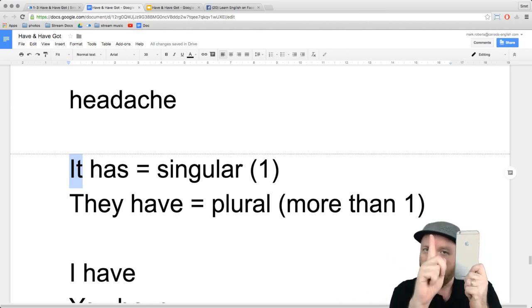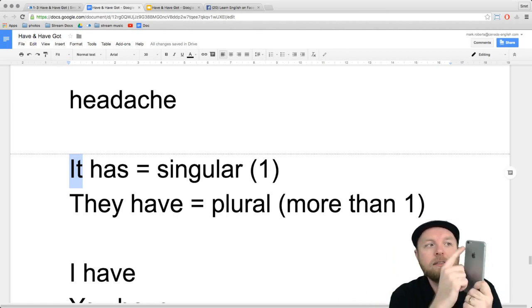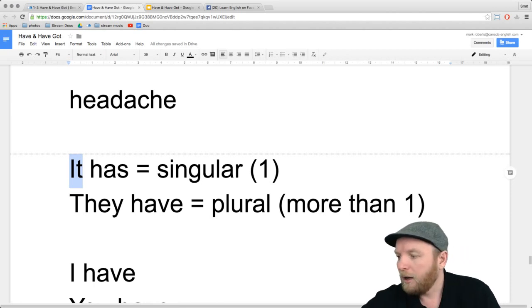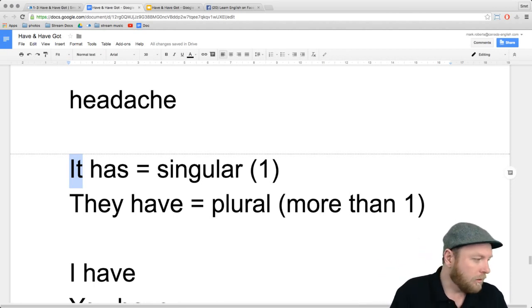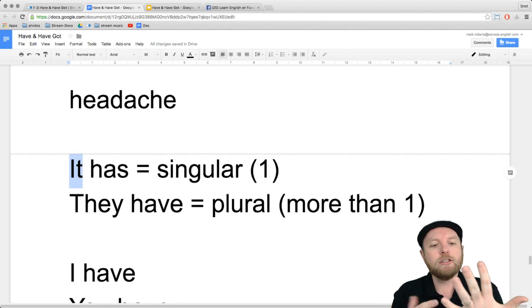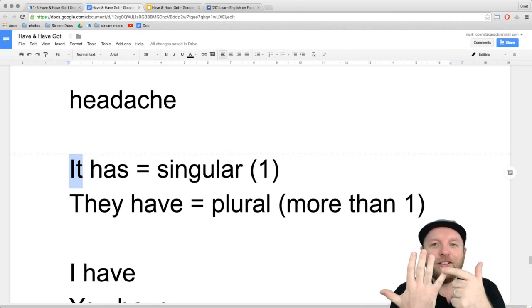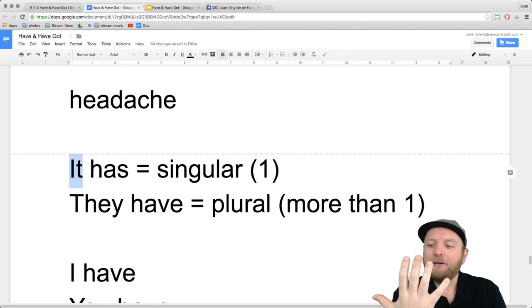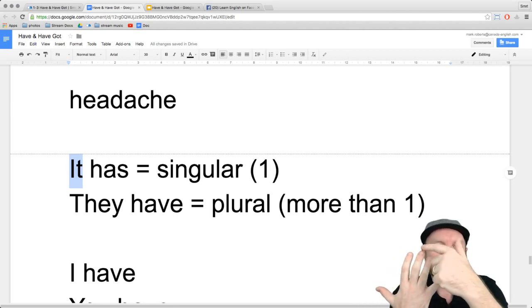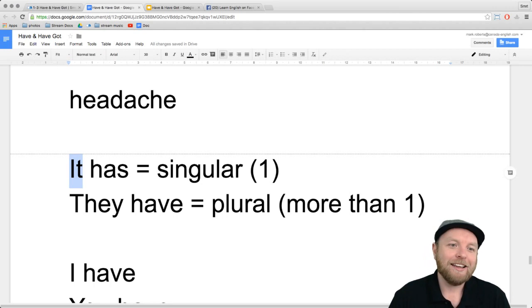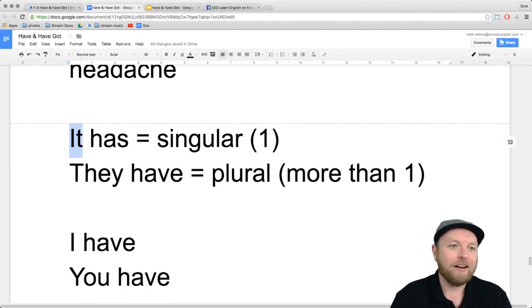Example, my phone has a camera. I don't have a plural. Like my fingers, not many examples, but my fingers have nails, okay? So yes, has is singular and have is plural.